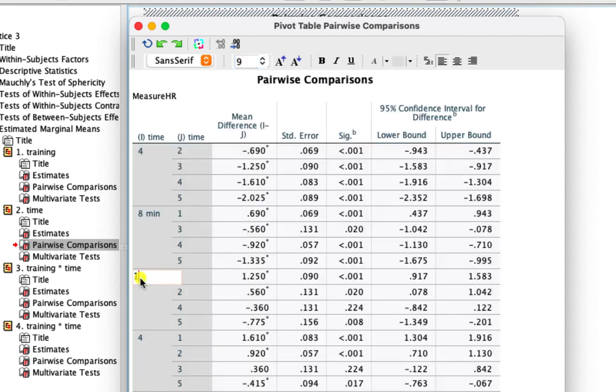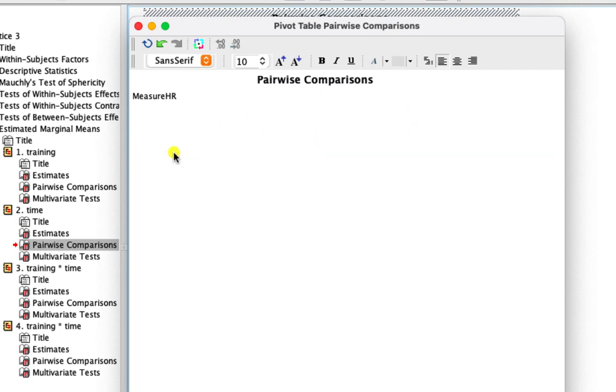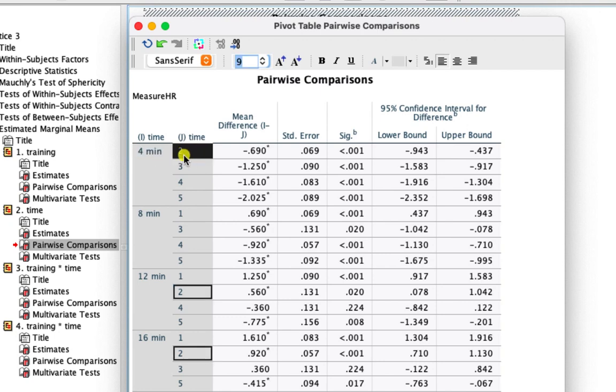Apparently SPSS is having a hard time today, so there's that. I think as I'm doing the keystrokes, it helps if you click on the cell and then double click on the number, and that tends to make it not freak out. And then for formatting, I have to fix that. Okay, so for the times here, you'll notice that when you click on 2, the rest of the 2 labels will highlight.